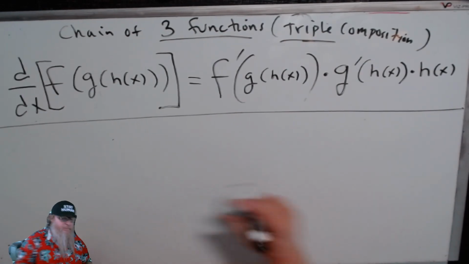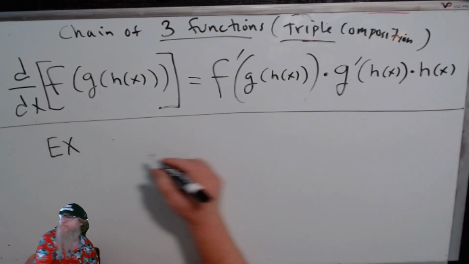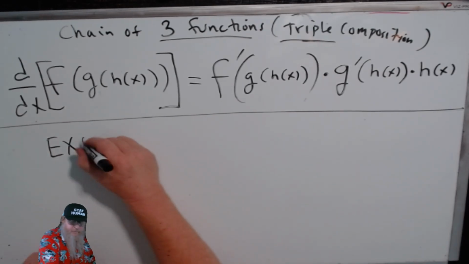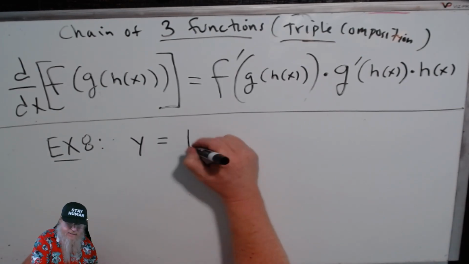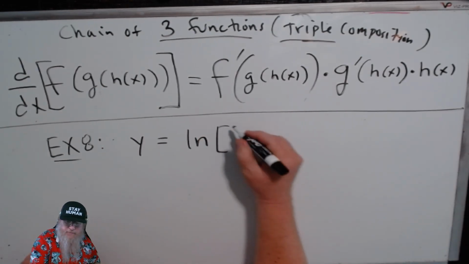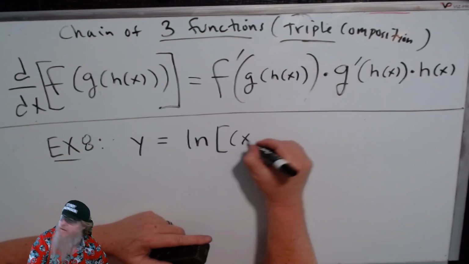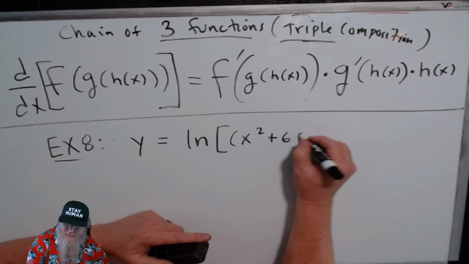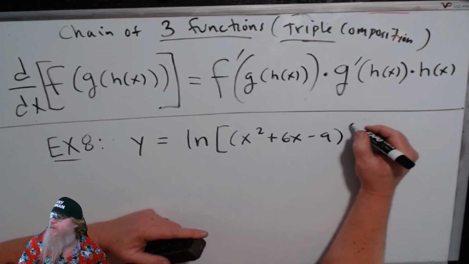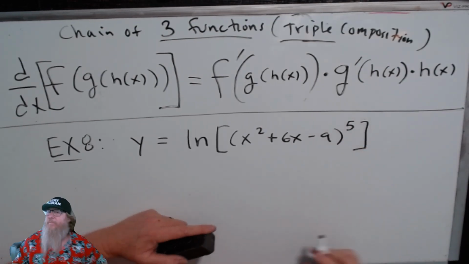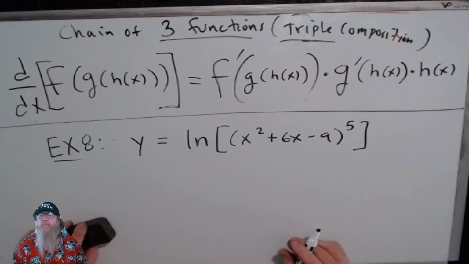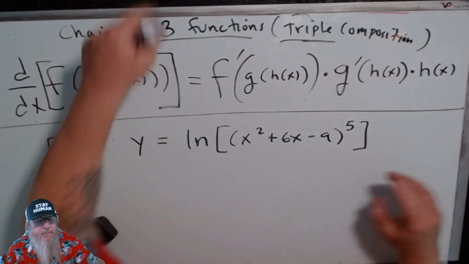So let's do an example. Example 8. Y is ln of x squared plus 6x minus 9 to the 5th power. All right.